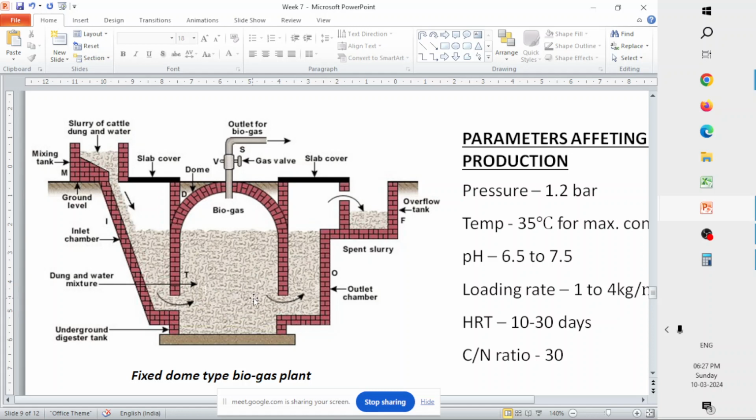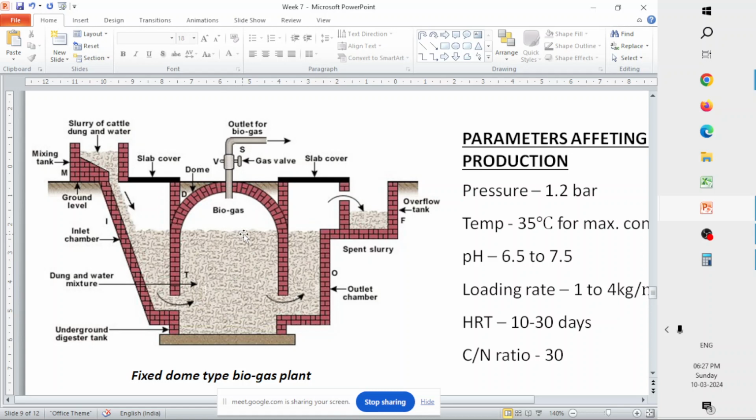Your slurry will be mixed with different microorganisms. The microorganisms will feed on this biomass sample, digest the sample, and then the biogas will be released. Once this biogas is released, it will move up.